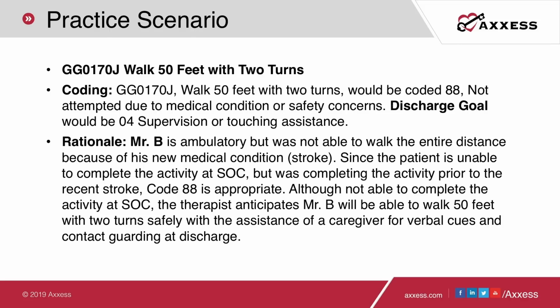Since the patient is unable to complete the activity at start of care but was completing the activity prior to this recent stroke, then code 88, not attempted due to medical condition or safety concerns, is appropriate. Although not able to complete the activity at start of care, the therapist anticipates Mr. B will be able to walk 50 feet with 2 turns safely with the assistance of a caregiver for verbal cues and contact guard assist at discharge.